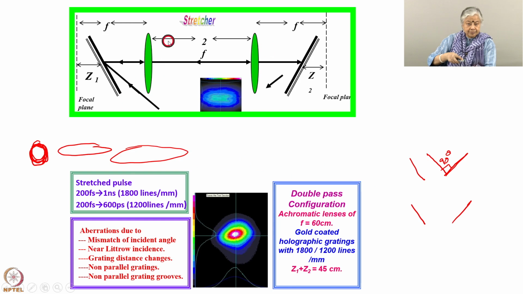This telescope maps this beam size onto this grating. The dispersion is happening, the frequencies have separated out and they have their own dispersion, but at the same time I map the spatial profile of the beam onto this grating.